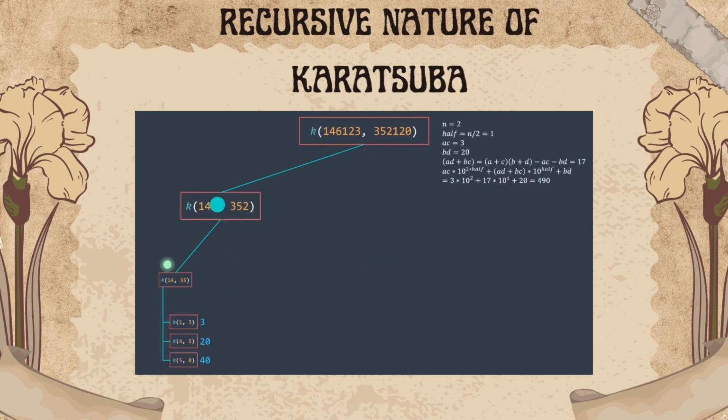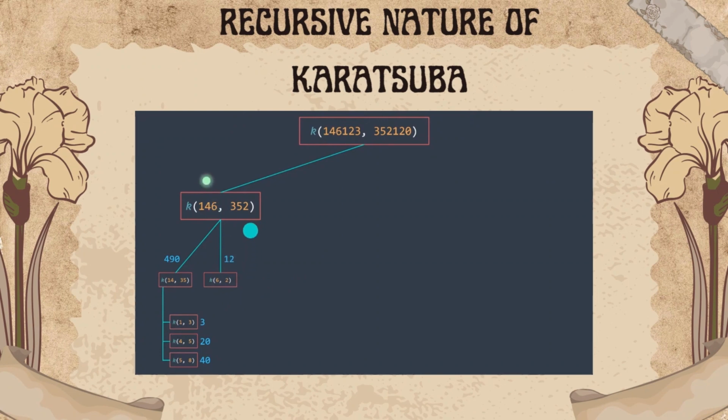Similarly, we go back into this recursive process, and we find k of b comma d over here, that is 6 and 2. Since it's already single digit values, it would be nothing but 12. There you go, 6 and 2, which can be computed as 12.